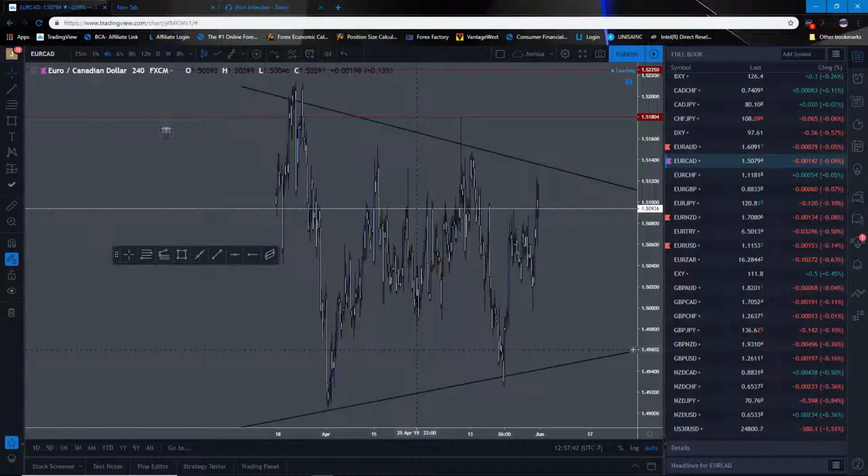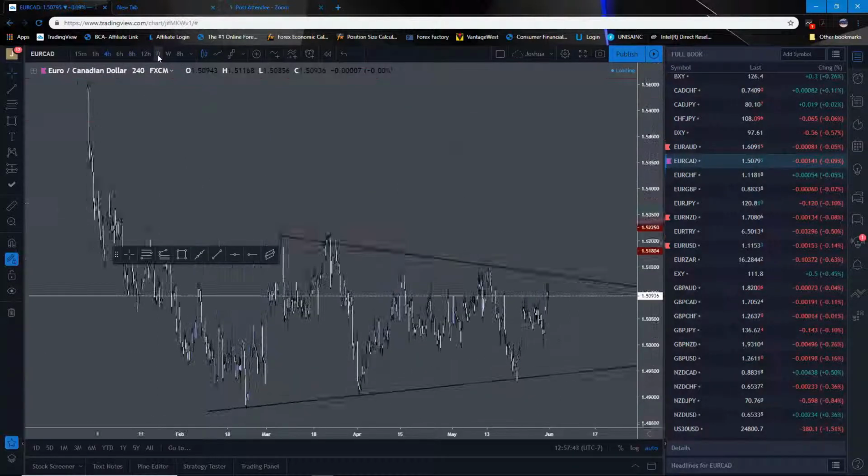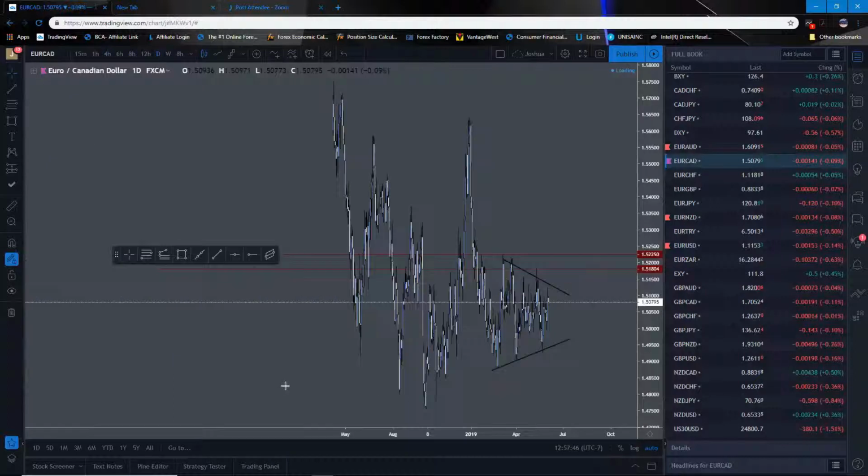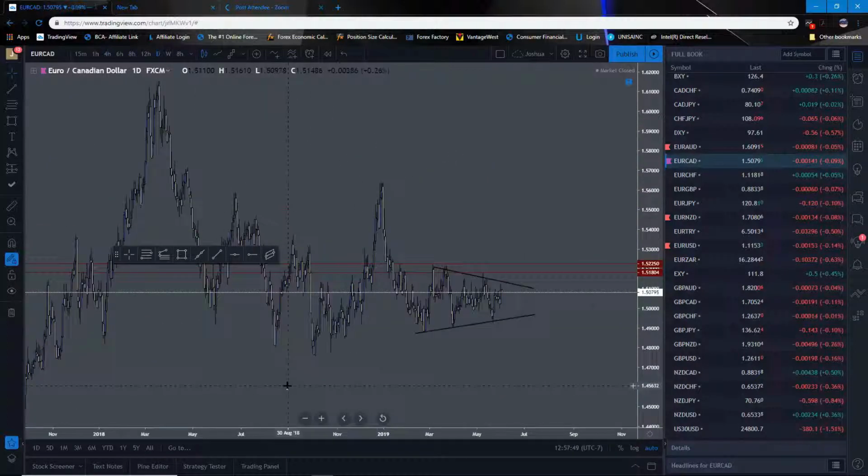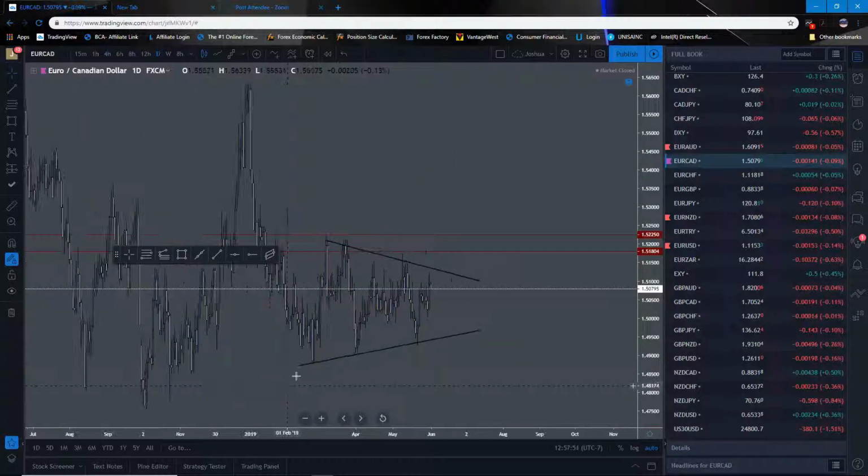As stated before, you want to look for some support and resistance. There's our support, and there's our resistance. Here's our resistance right here too. So this is also our problem. And what I'd be looking for is a breakout somewhere.